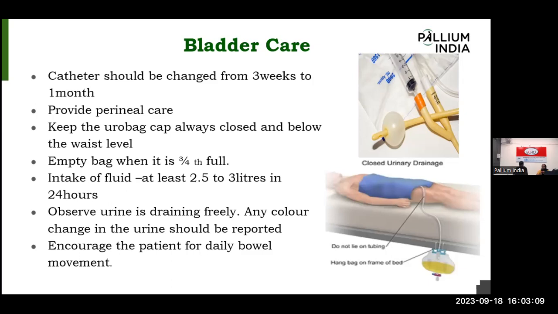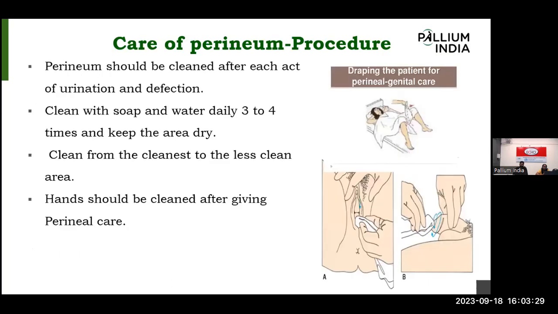If the patient has a fecal impaction, what happens? The fecal material will compress the neck of the bladder, so the urine will leak out, or sometimes the urine will not go out freely, so the patient will develop a urinary tract infection because of retention of urine.